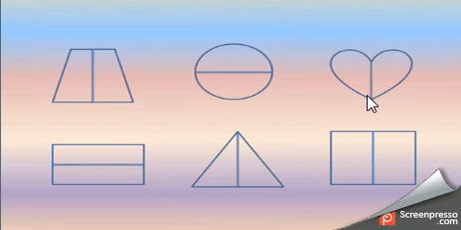Here I should draw vertical from this point. In the rectangle I can draw vertical or horizontal. In the triangle I should draw only vertical. In the square I can draw this line segment vertical or horizontal, or the two diagonals.